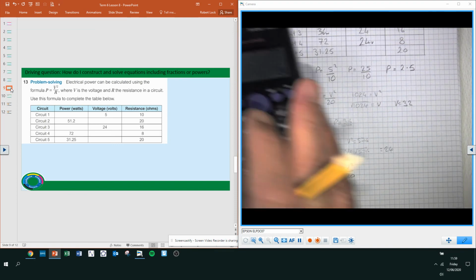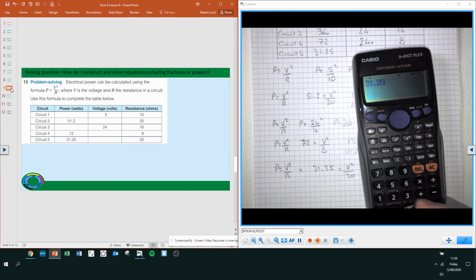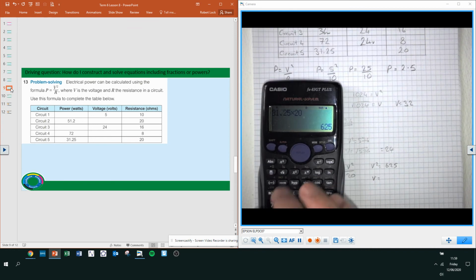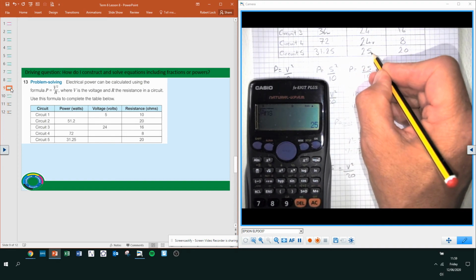So 31.25 times by 20 equals 625. So V squared equals 625. V on this occasion, square root of 625. So square root 625 equals 25. So the answer up here is 25 volts.